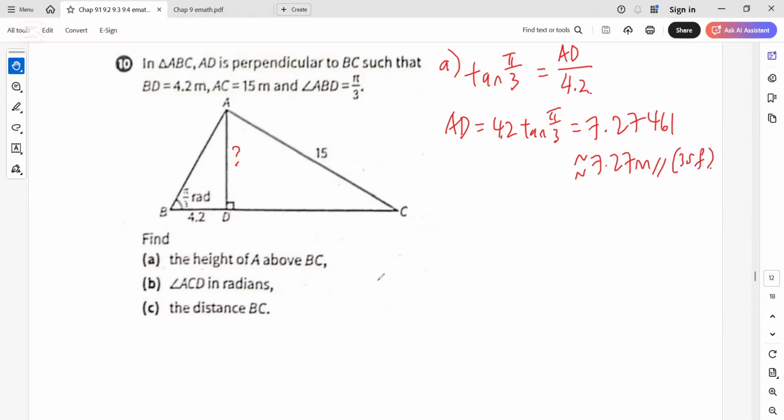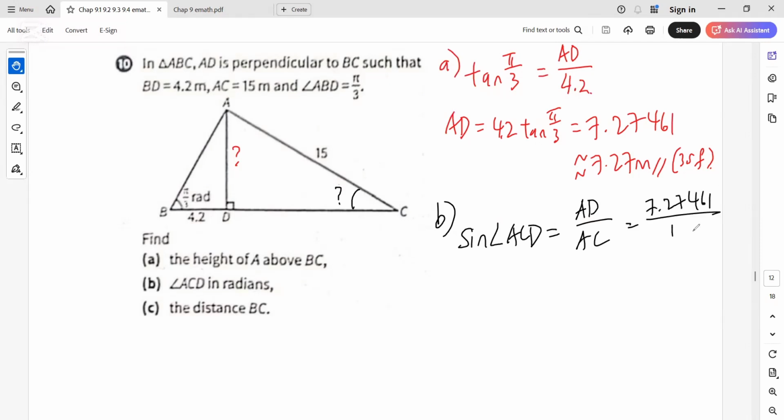So let's move on to part B. Find angle ACD in radian. They want this angle over here, in radian. Since we have AD, we can use SOH-CAH-TOA again. The reference angle is angle ACD, so this is opposite and this is hypotenuse. So sine. Sine of angle ACD equals opposite over hypotenuse, so AD over AC, which you can write as 7.27461 over 15. So angle ACD equals sine inverse of this fraction.